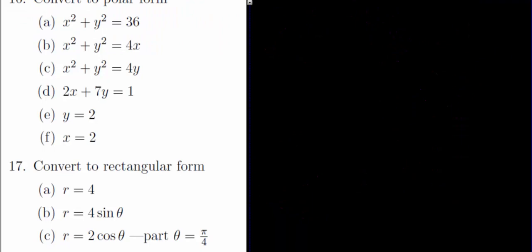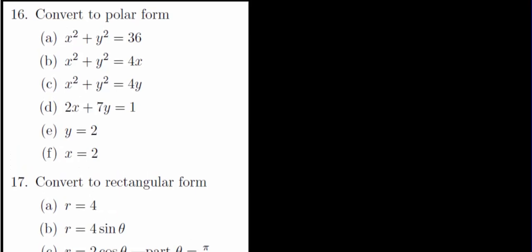Now we're down here to where we want to make some conversions. So we want to convert to polar form. We want to convert back and forth from polar to rectangular. Now remember the relationships here.